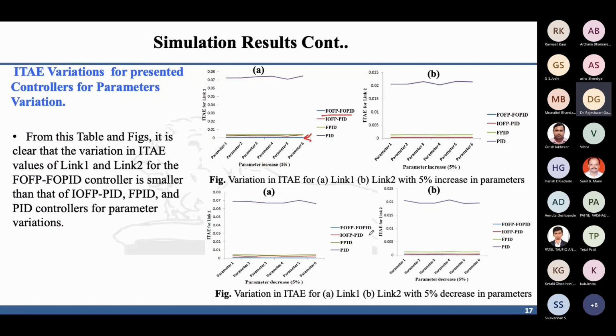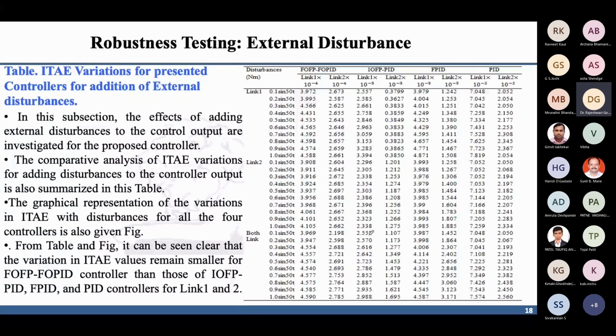Next, sometimes there is external disturbance, like you touch your robot manipulator with a stick or something else. So you are giving some external disturbance, and that external disturbance we are adding at the controller output. Most of the time we are adding it at the controller output only.